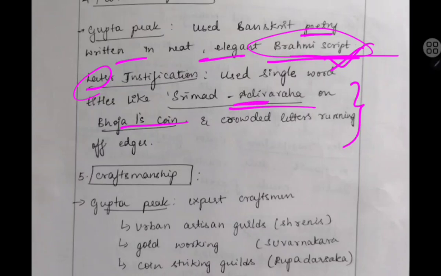I am mentioning those kingdoms or emperors' names here. Crowded letters ran off the edge. See here, this is the coin. Some letters were so crowded like this that they ran off the edge.